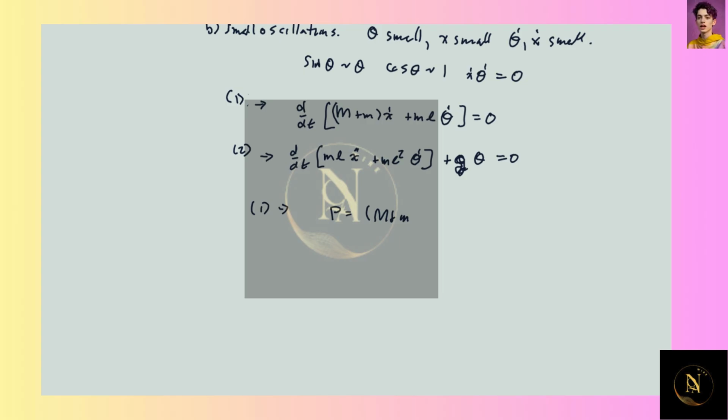But the x component is. And so we have this P, which is the x component of momentum, and that's a constant of the motion.